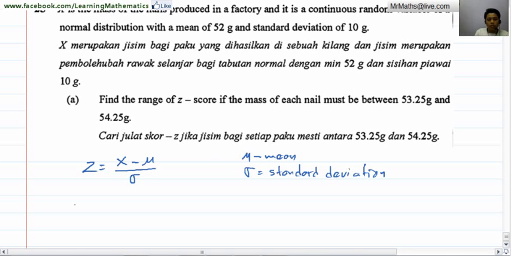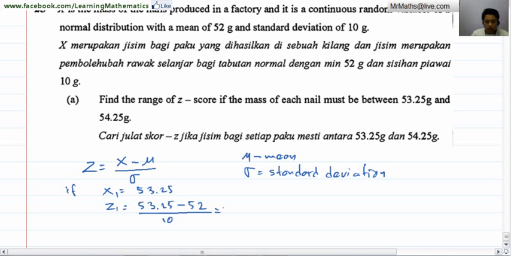So if x is 53.25, let's call it x1, then z1 is 53.25 minus mu, which is 52 the mean, divided by the sigma of 10.